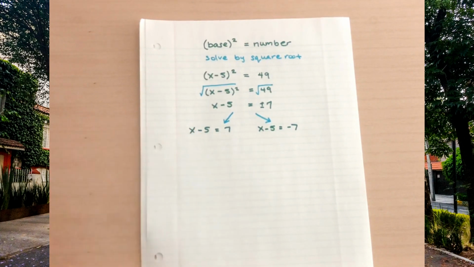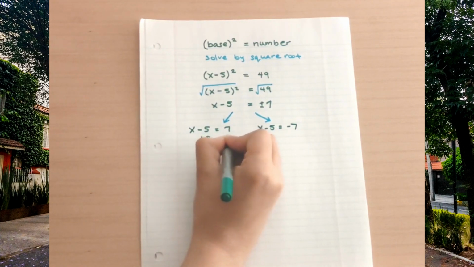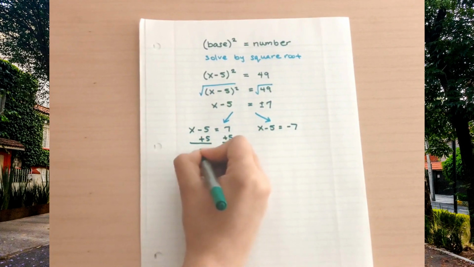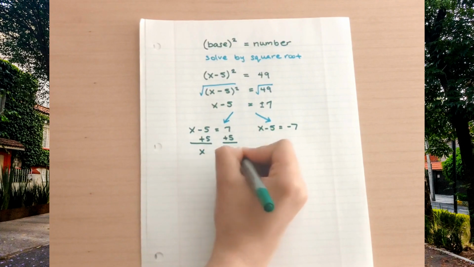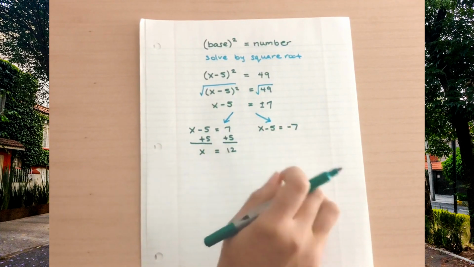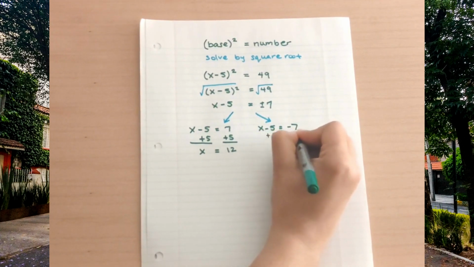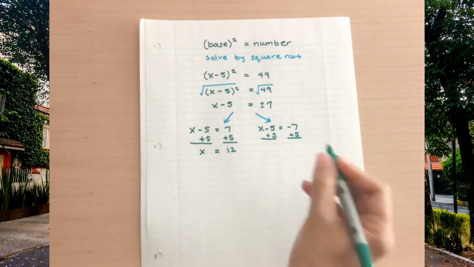You can get x by itself by just adding 5 to both sides of this equation. You'll have x equals 7 plus 5, which is 12. And then we'll solve our other equation. Same steps. Add 5 to undo that minus 5. Do the same thing on both sides.